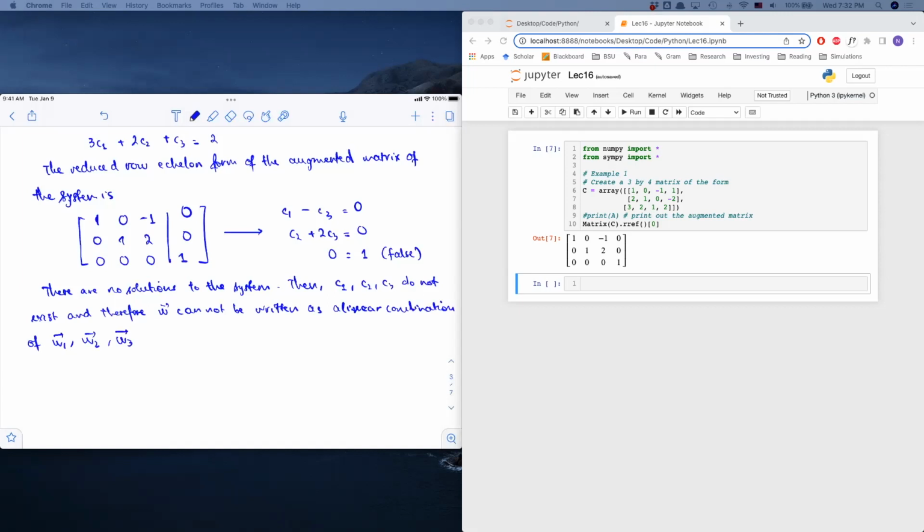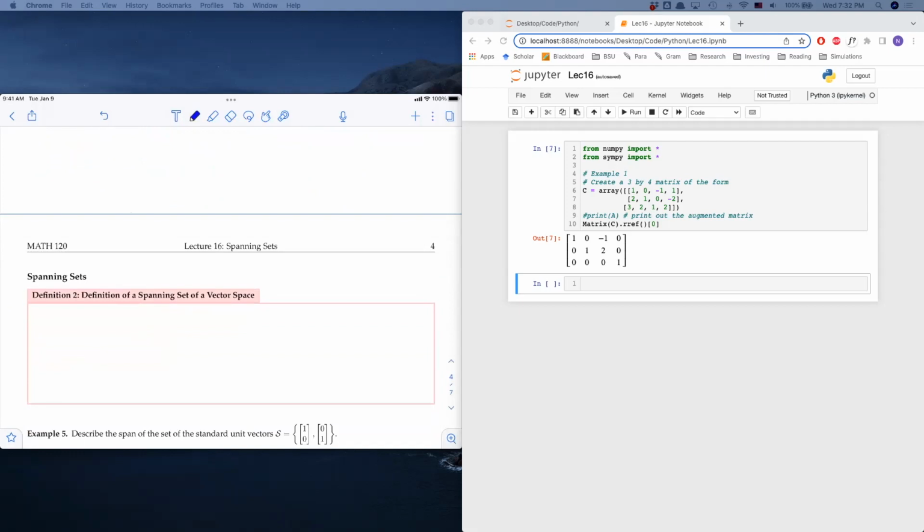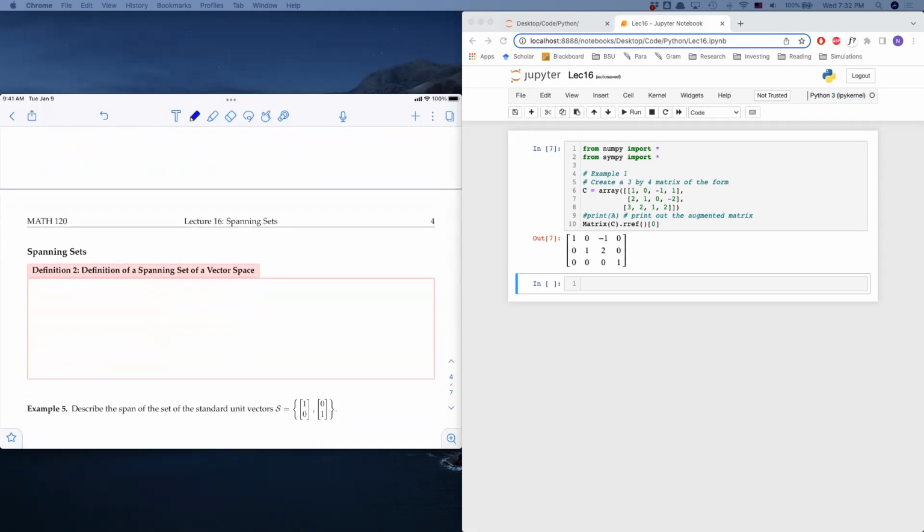All right, so let's give you the idea of how you could actually write a vector as a linear combination of all the vectors. It's actually very helpful for us to define something called the spanning set, because this is a subset of a vector space where every vector in the vector space can be written as a linear combination of the vectors in the subset S.